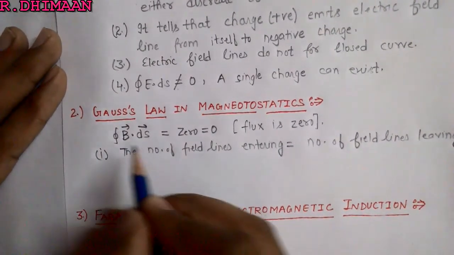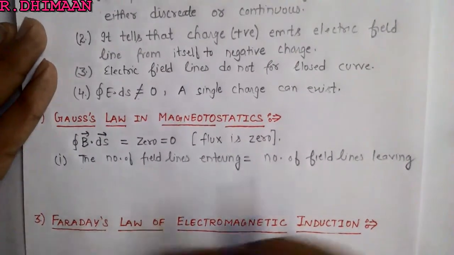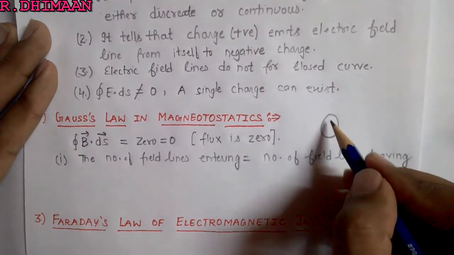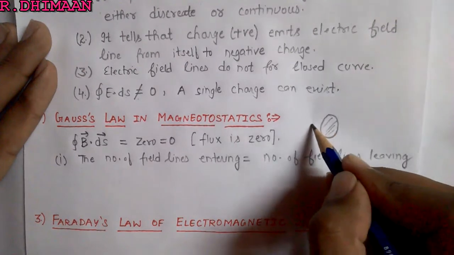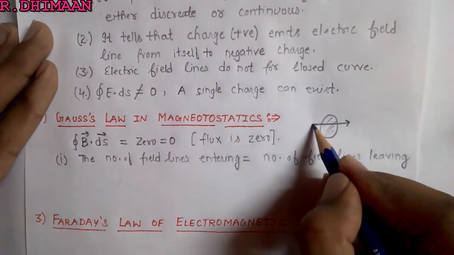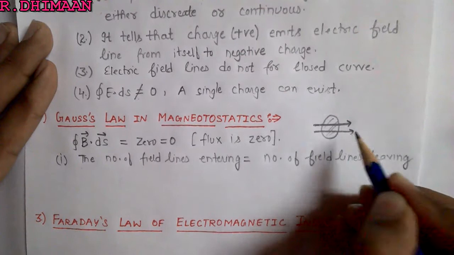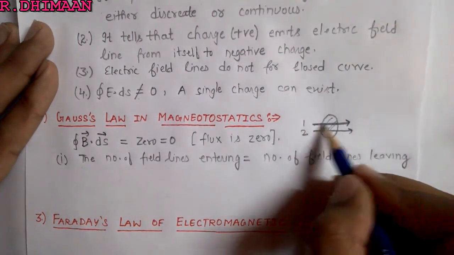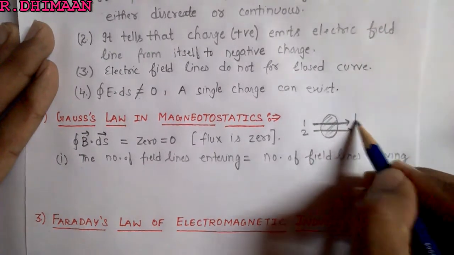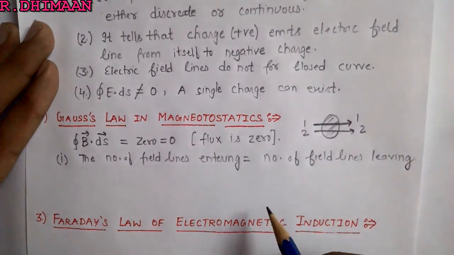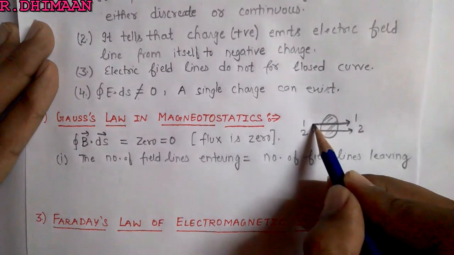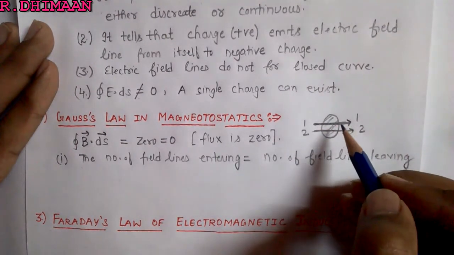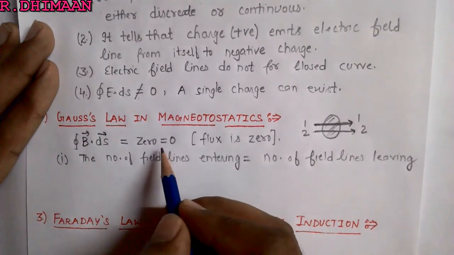That is why the magnetic flux, this means that this is any surface, and here cross magnetic field lines. These lines both enter this surface and leave the same surface. That means the net magnetic field lines contained by that surface is 0. That is why B dot ds is equal to 0.